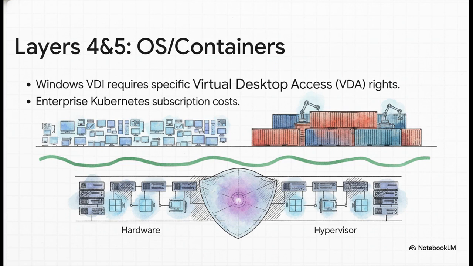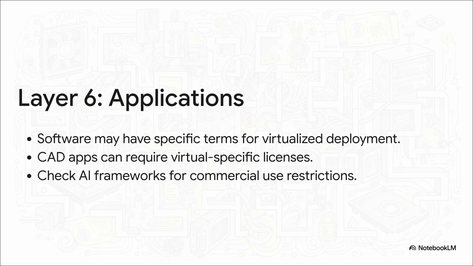You guessed it, that's another subscription cost to add to the pile. And finally, we reach Layer 6, the application itself. The vendor for your CAD program or that new AI framework might have completely different and probably more expensive licensing terms just for running in a virtual environment. And here's the real kicker, any one of these layers can be monetized, and the terms can change at any time. You have to constantly monitor everything just to stay compliant.